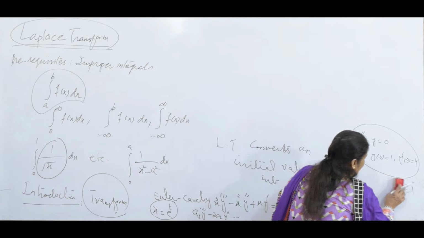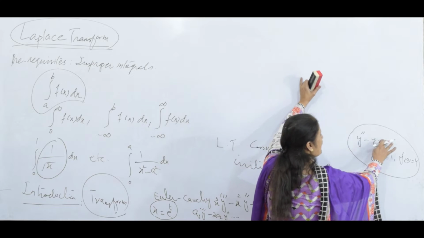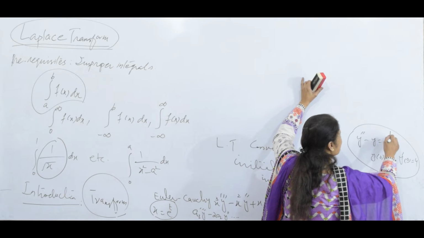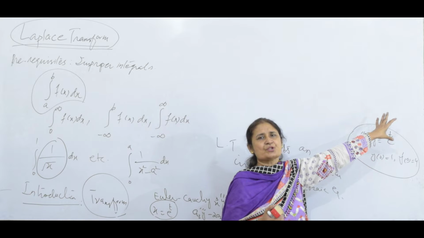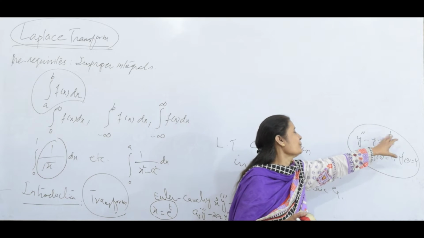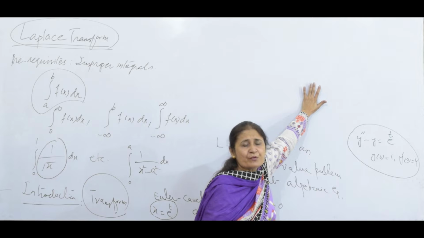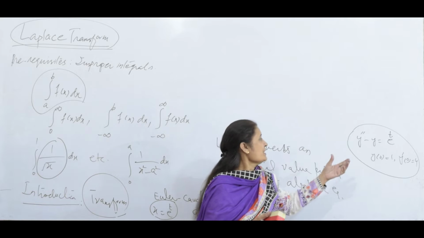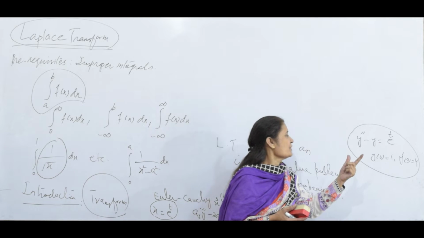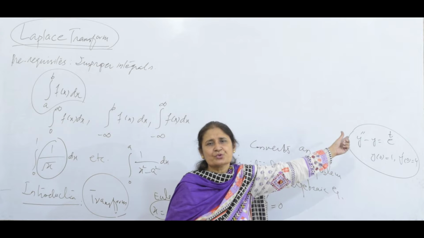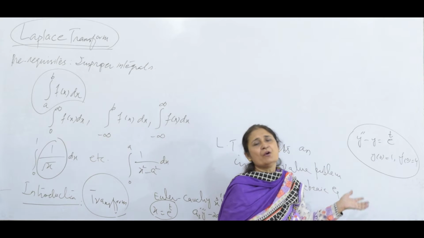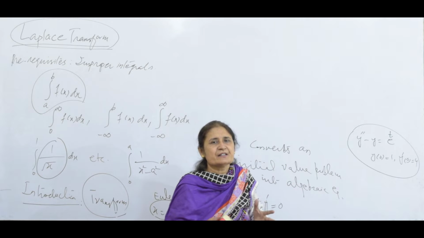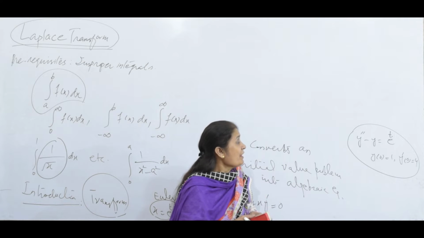But one thing, suppose I am writing here e^t, or sine t or cos t or something like exponentials, polynomials. We have studied differential equations, in which this is a non-homogeneous differential equation, and we find two solutions. One is the complementary function, one is the particular integral. We add them together and get the general solution.